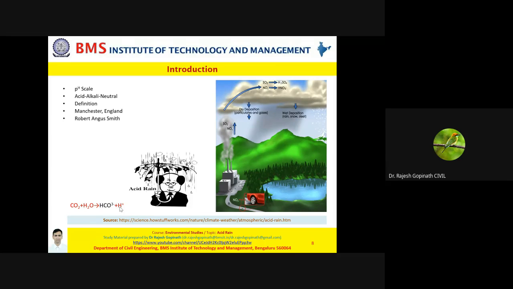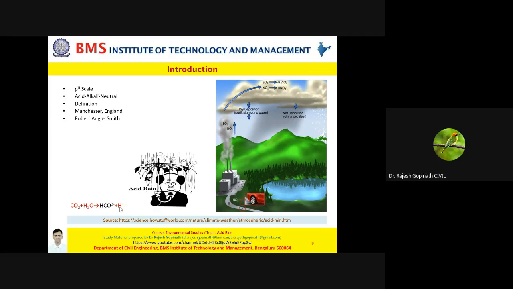So if that is the basic knowledge that you need to possess about normal precipitation, about normal rainfall, then why is there a special terminology called acid rain? Friends, acid rain was first observed in Manchester, England.